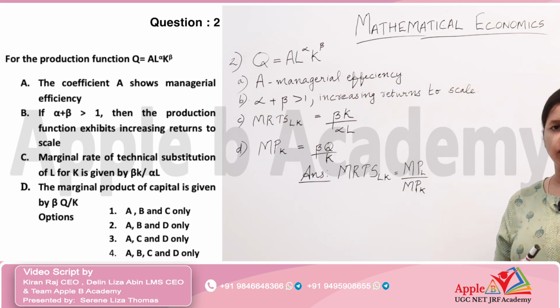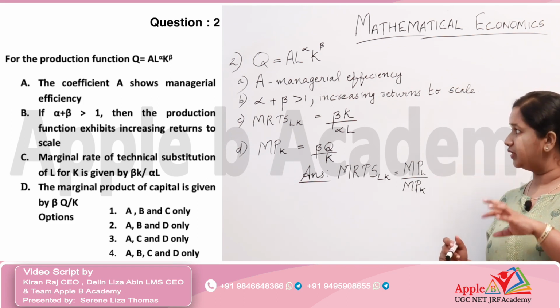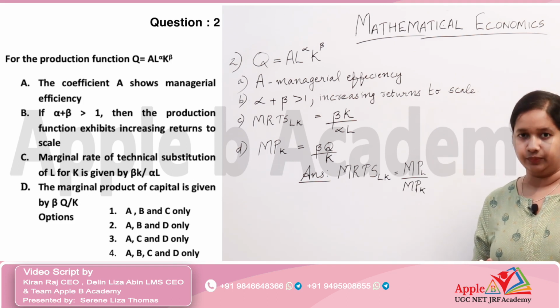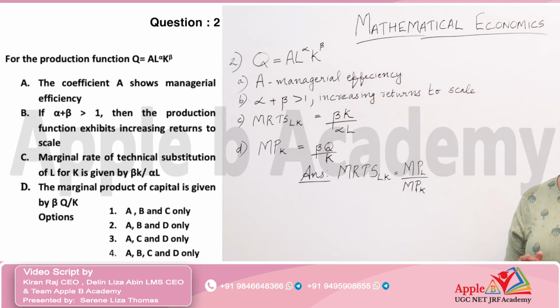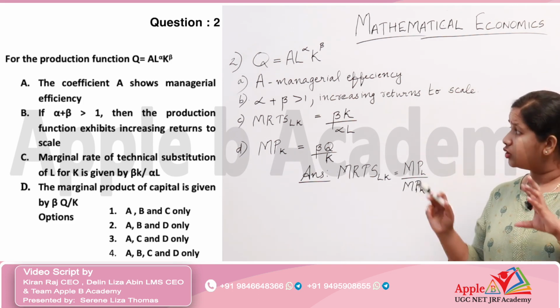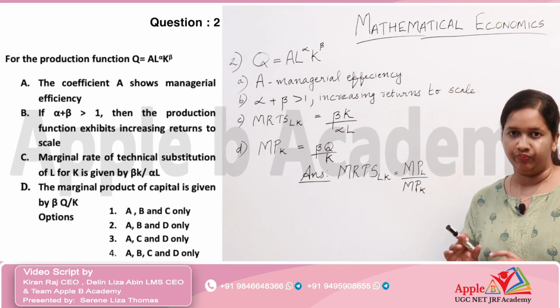The third option is marginal rate of technical substitution of L for K, labor for capital, is equal to beta K by alpha L. And the fourth option is marginal productivity of capital is equal to beta Q by K. Out of these 4 options, we need to choose which of these are true.